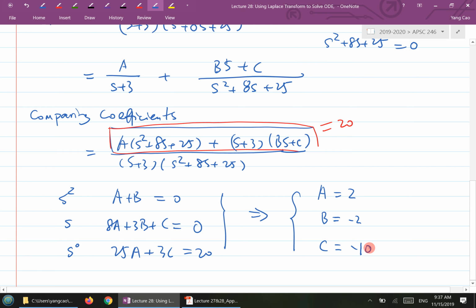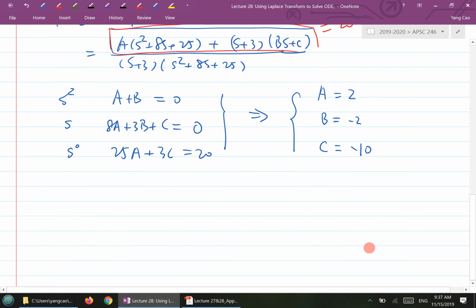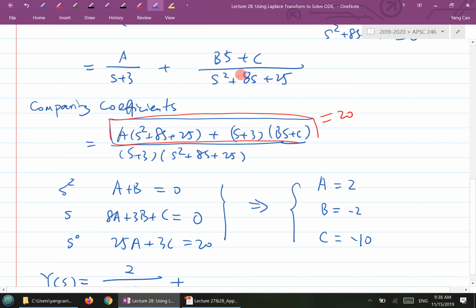All right, so I think that's pretty much what we ended up with in the previous lecture. So now what do we have? Your Y(s) equal to 2 over s plus 3, that's A over s plus 3, and then Bs plus C over this.